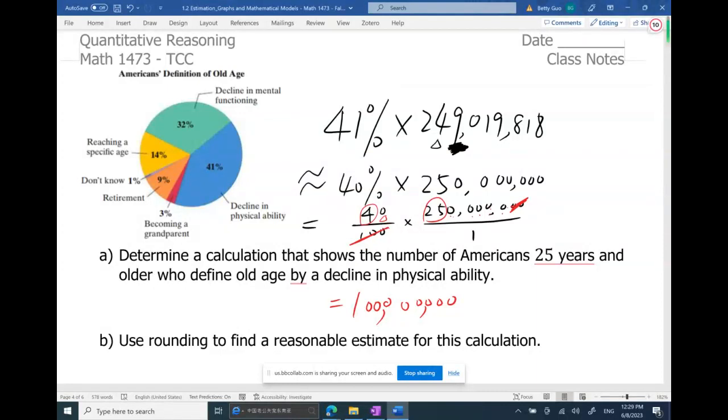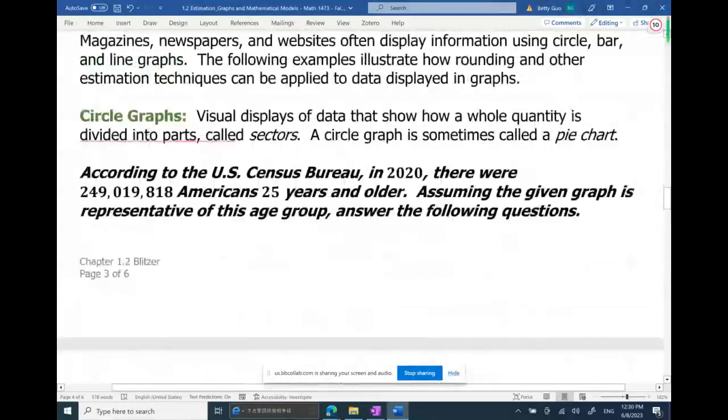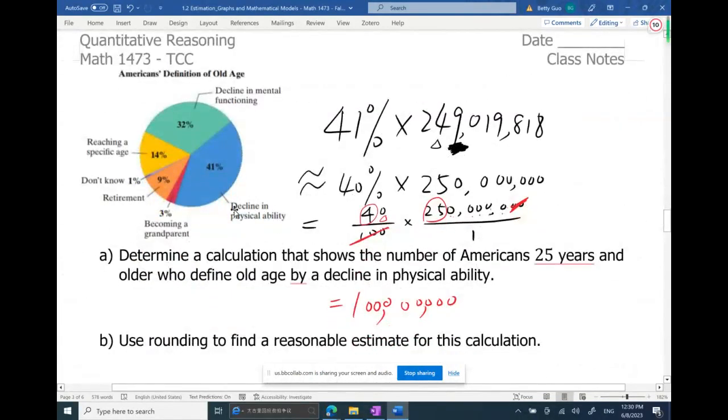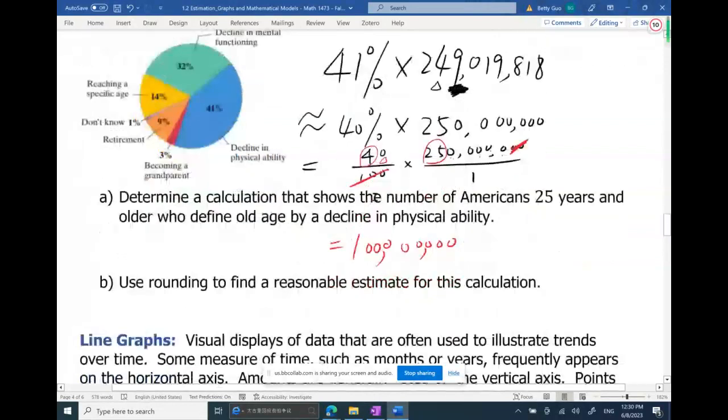Yeah, exactly. So that makes sense. The result is 100 million. So among the population, around 100 million people, adults 25 years old or older, have that definition for old age.